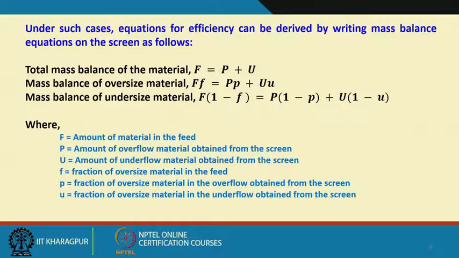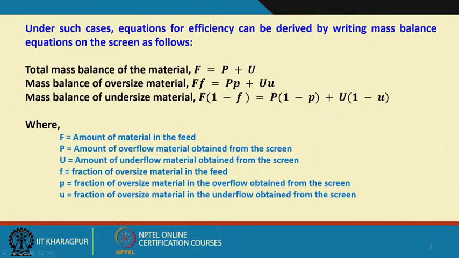So, in this case, for the mass balance for oversized material, we can write capital F multiplied by small f, that is, I am doing it for the plus 5 millimeter particles. Capital P is how much of the total material has come, and small p is what fraction of this P is the plus 5 millimeter.